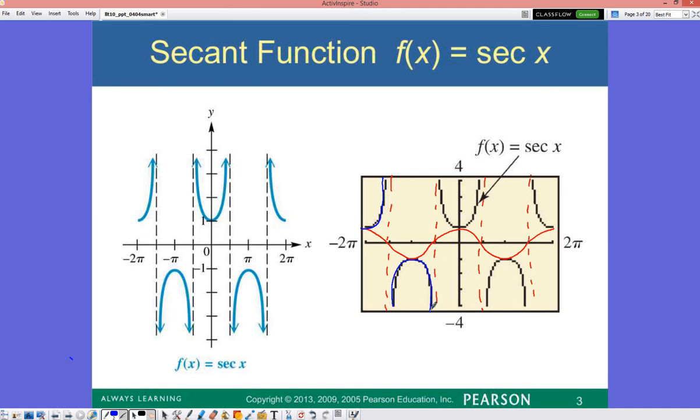And so the same thing here, in between my two asymptotes, I take my cosine graph and I flip it over. My cosine graph in the next one, I flip that over. My cosine graph for my last part, flip it over. That's the reciprocal of it.